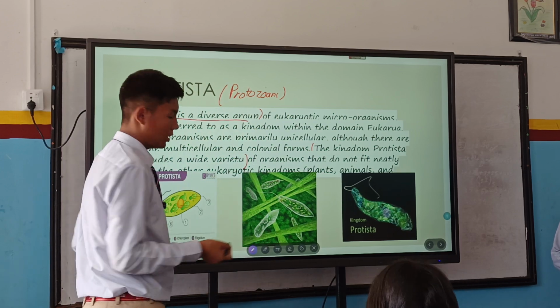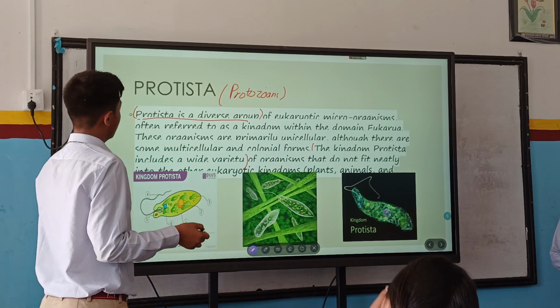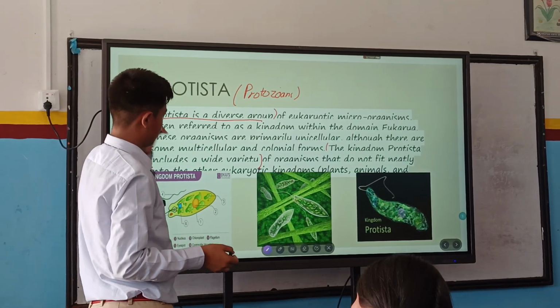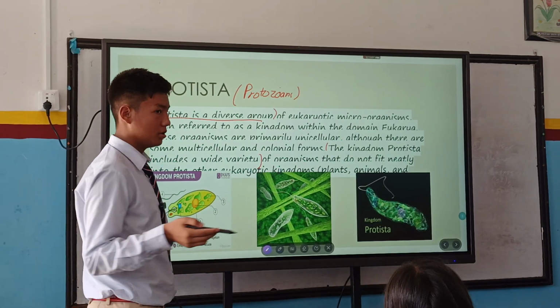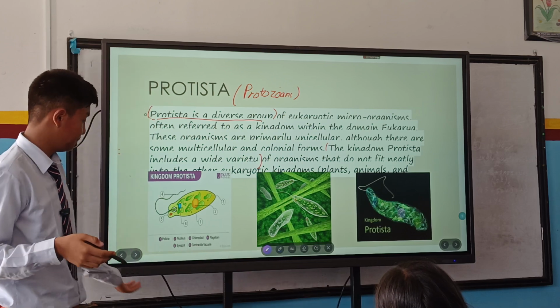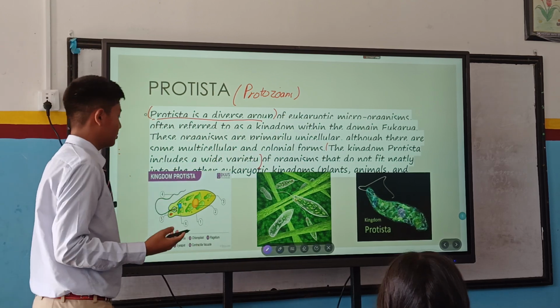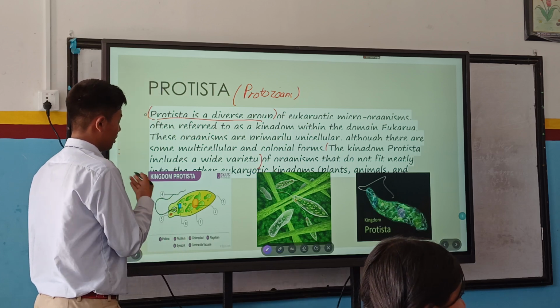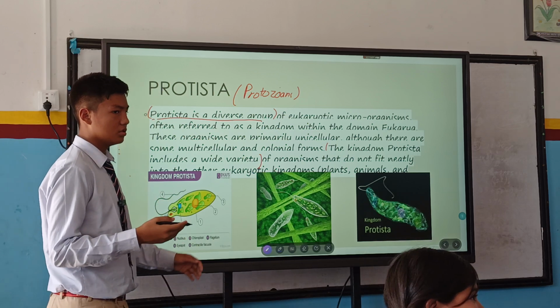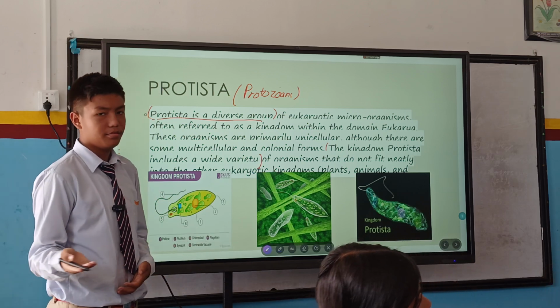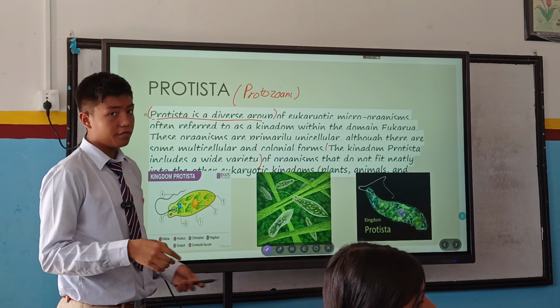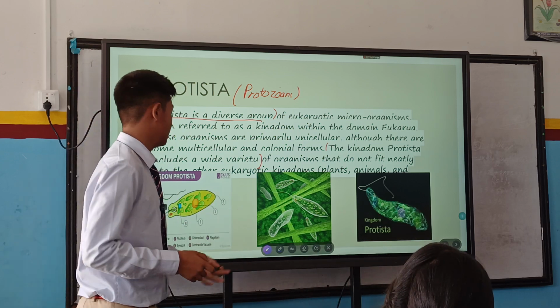One major thing that differentiates the kingdom Protista from the other remaining kingdoms is that they contain features of both Plantae and Animalia. Thus, they are autotrophic and heterotrophic at the same time.